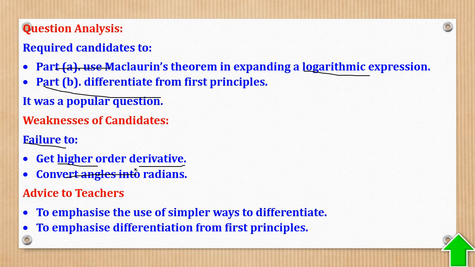Converting angles to radians, as long as it is differentiation or integration, angles must be in radians. Teachers should emphasize the use of simpler ways of differentiating, so should look for a simpler method. Then also emphasize differentiation from first principles.